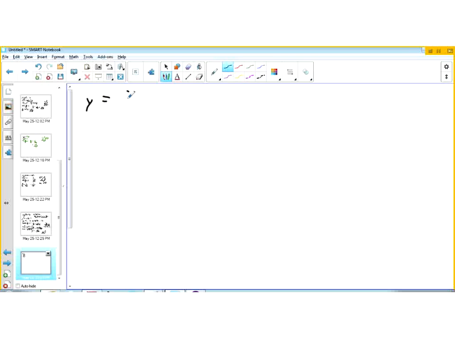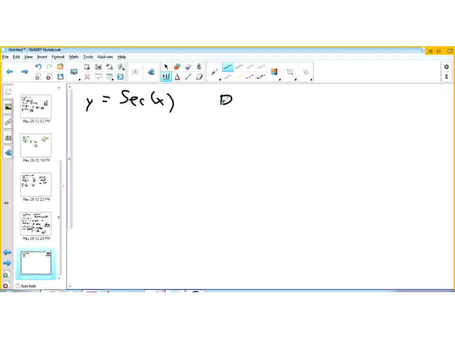So if we say y is equal to principal secant x, where now we have what? The domain of the principal secant function will be written as follows. We have a different domain for it.